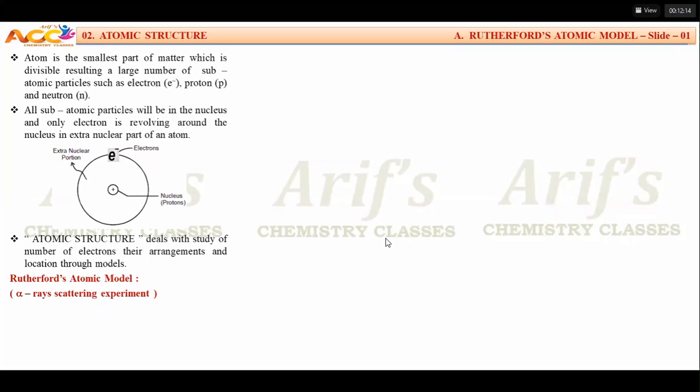Today you have to learn new information: gamma rays are identical to electromagnetic radiations. Gamma rays come in both categories. Radioactive rays, yes, and electromagnetic radiations also, yes. Whereas alpha and beta are not electromagnetic radiations, they are radioactive rays.